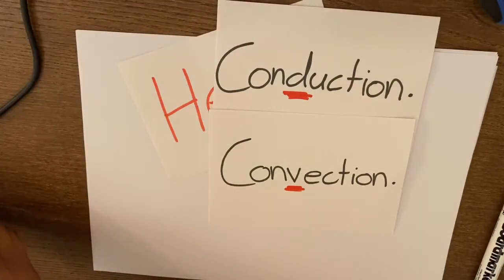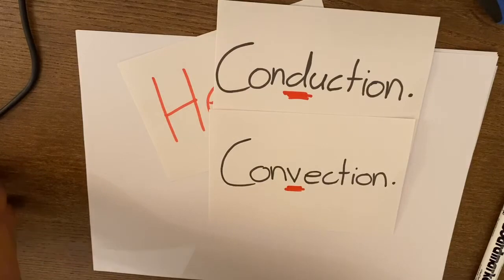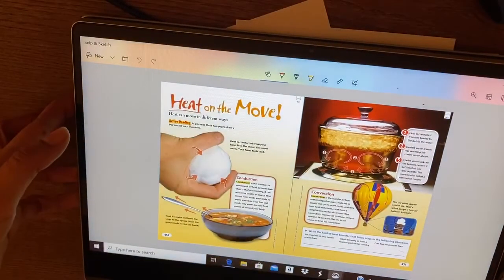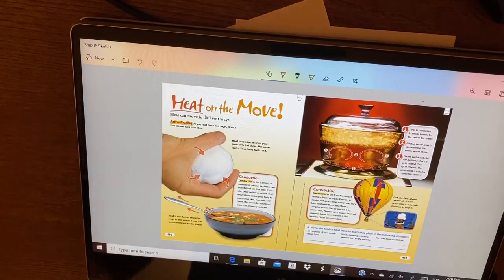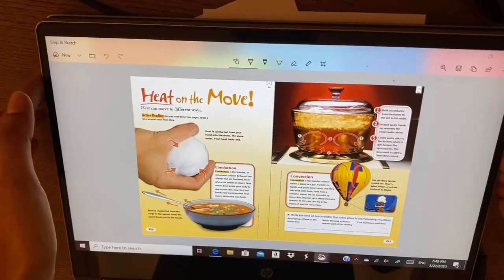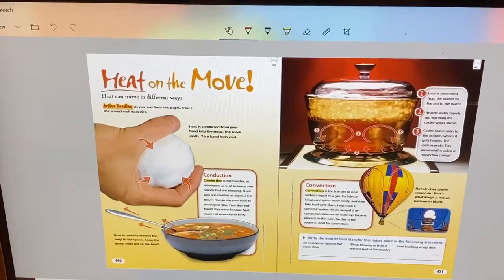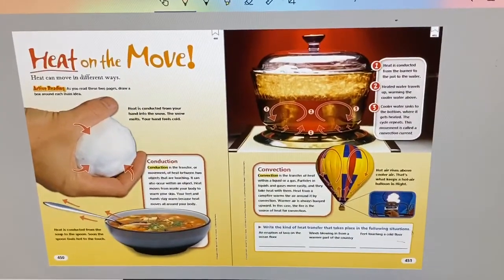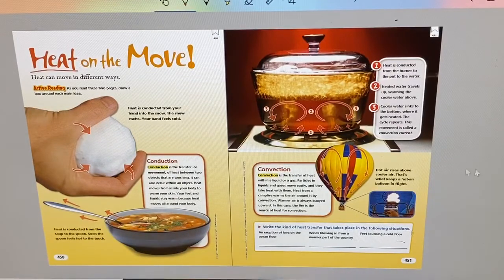Open page 450. Yes. Look at this snowball. This snowball is moving the heat from the snowball to my hand and from my hand to the snowball.